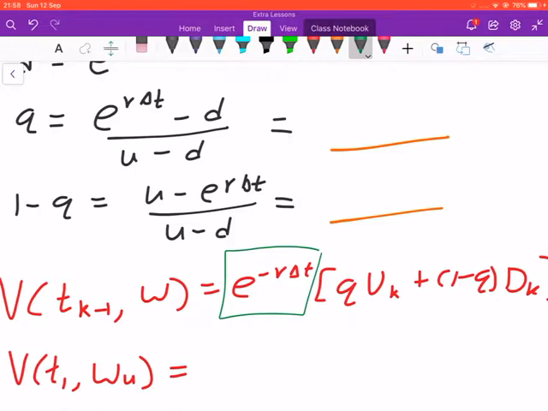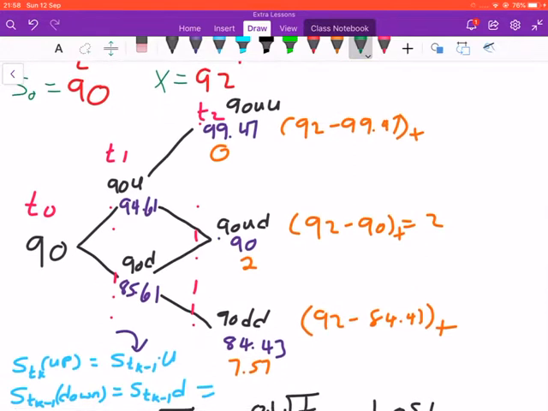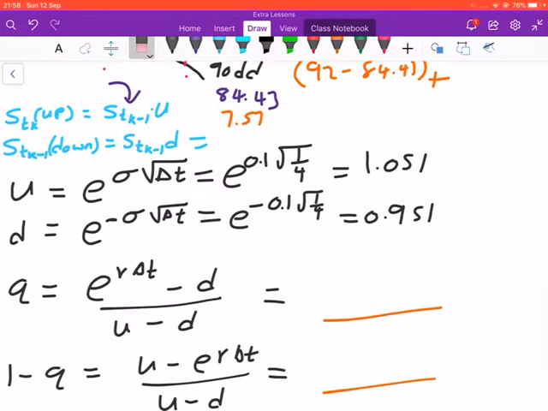So to find the value of the share at this point, let's just say for this point, you will need both these values. So before we do this, let's find the artificial probabilities. For this one, you're basically going to substitute here.